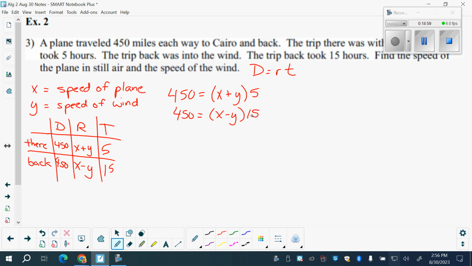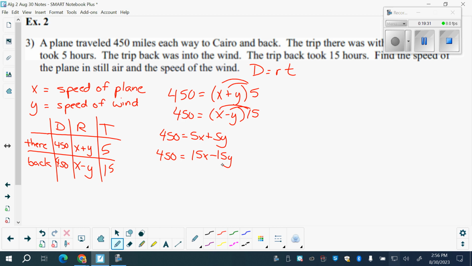What might we do next to simplify that so it looks more like the ones that we did before? Yes, we want to distribute. We distribute the 5. We get 450 is 5x plus 5y. Then we distribute the 15. 450 is 15x minus 15y. Now that looks a lot like what we did before.